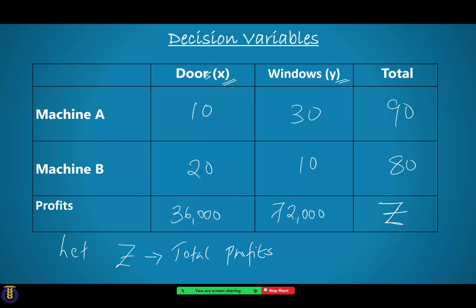This is what you're supposed to do, especially if the examiner has given you a scenario question whereby you have to derive the figures from the information. I'm going to give you 5 minutes to put down this table, then we continue to write our linear programming model.